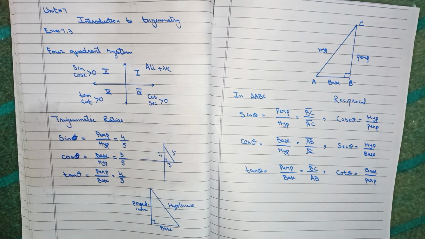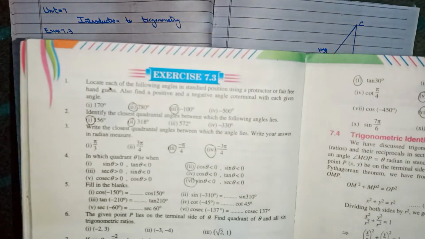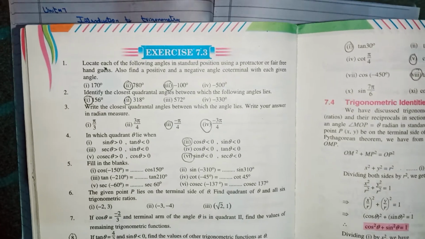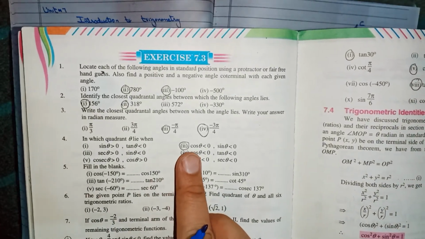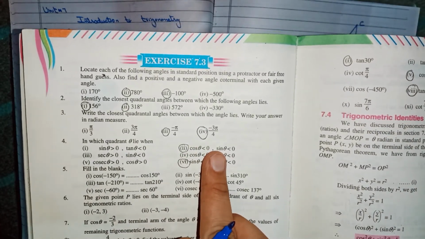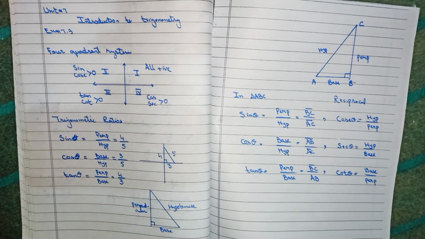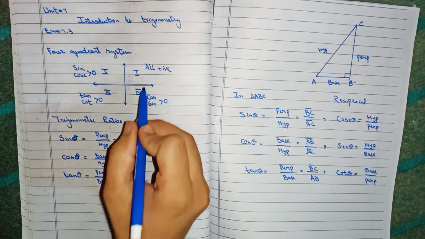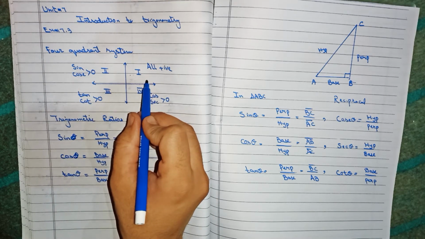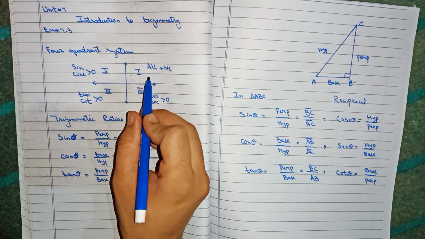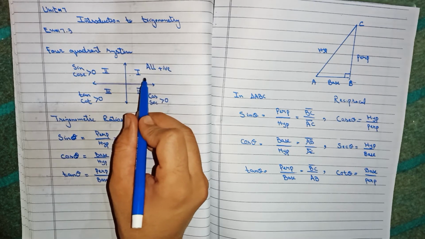Now our first question is based on it. See the second part, cos negative and sin negative, where cos and sin both are negative. In the first quadrant all trigonometric ratios are positive, so cos negative and sin negative will not be there.